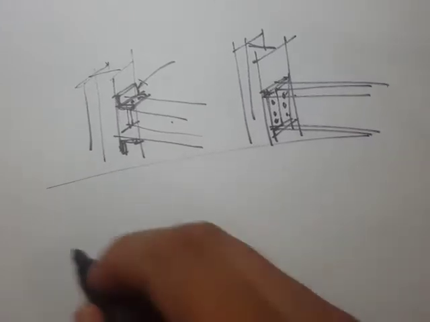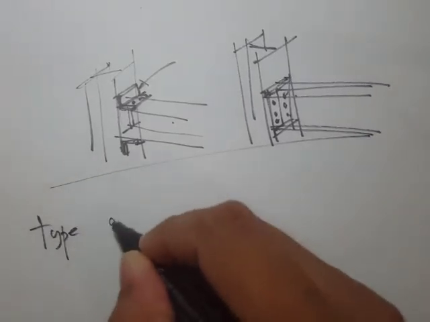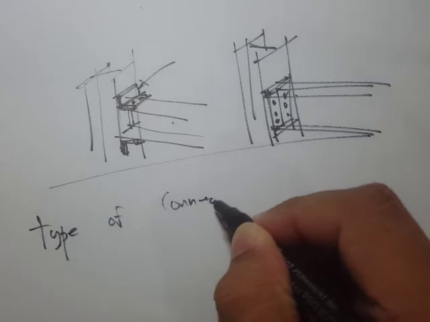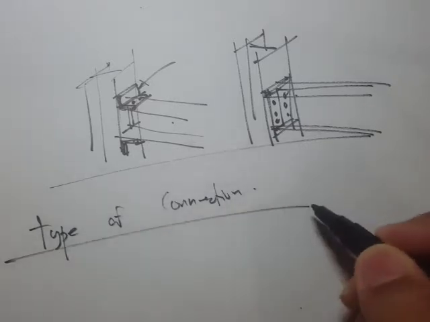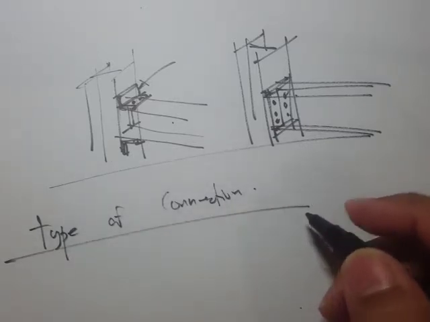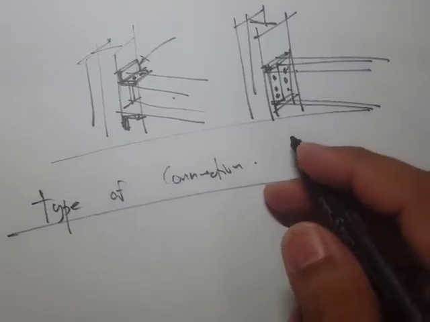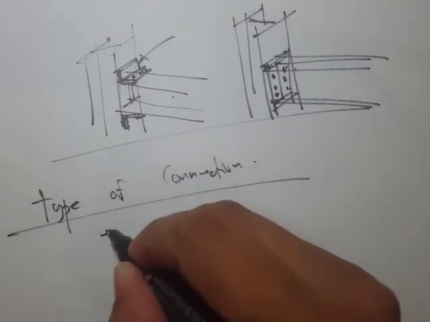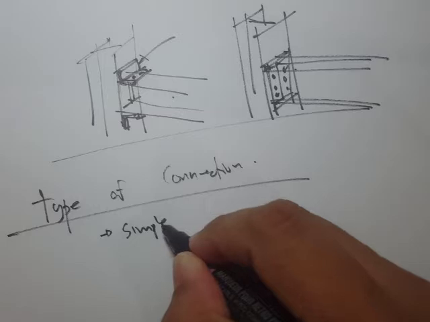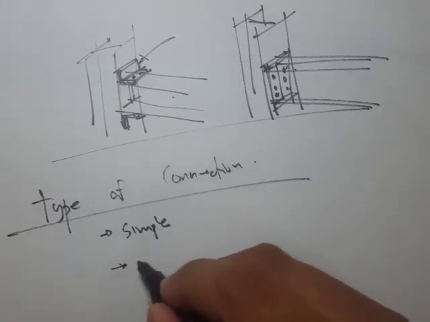Now let's move on to the types of connections. The type of connection, either welding or bolting, can be classified as simple or eccentrically loaded.